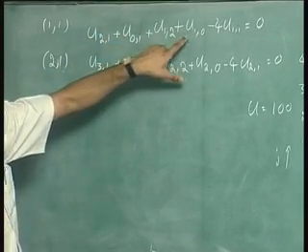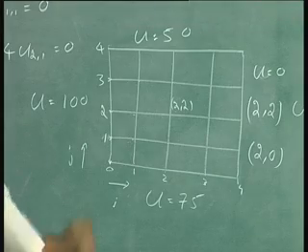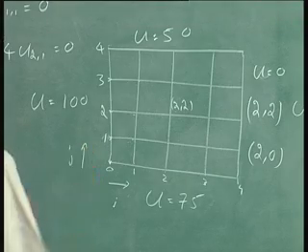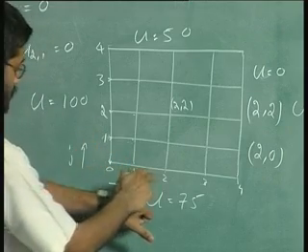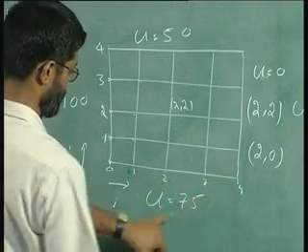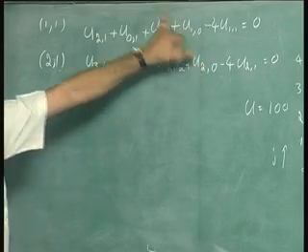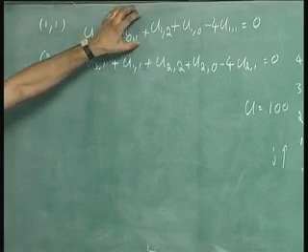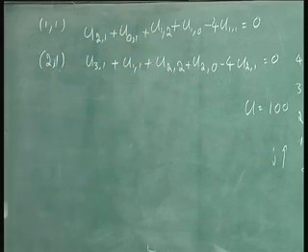Similarly u10, that is when x is 1 and this u is 0. So u10, u20, u30, u40 are fixed at 75, so I can replace this by that number. So boundary conditions enter these equations through these variables at these points.